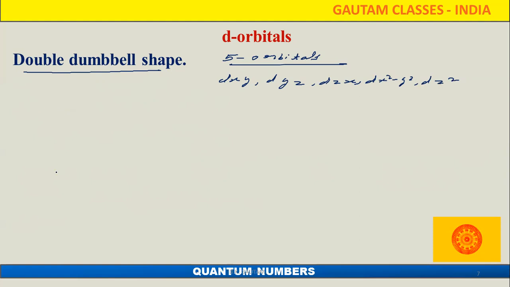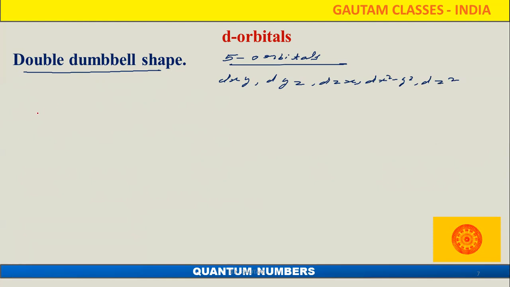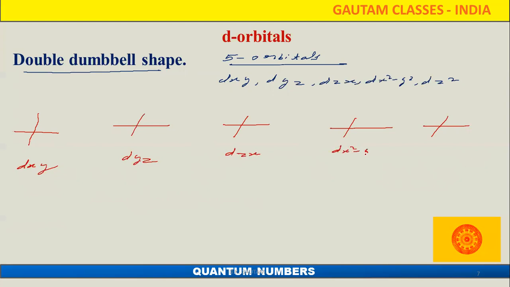If we want to draw the diagram, this one is our dxy, this one is the dyz, then dzx, dx square y square, and dz square.